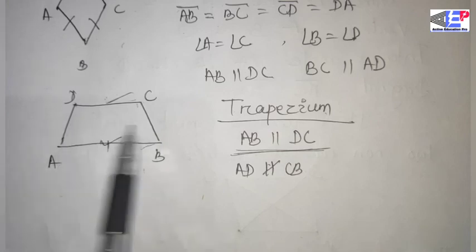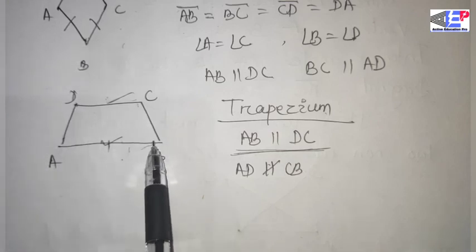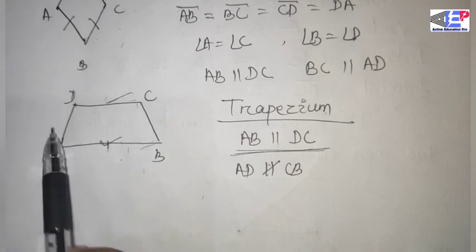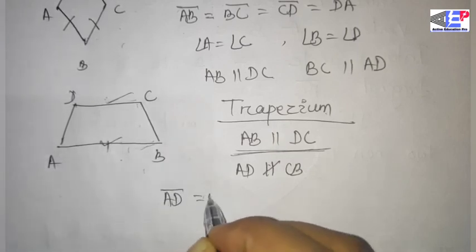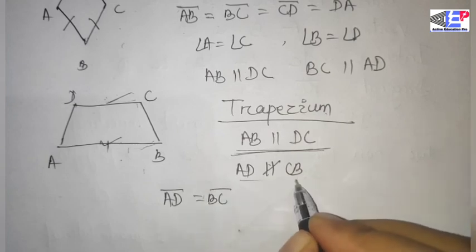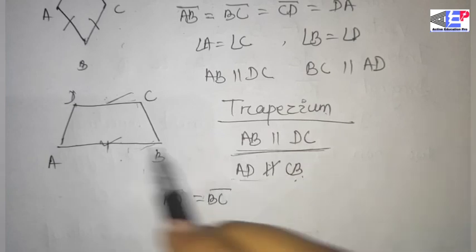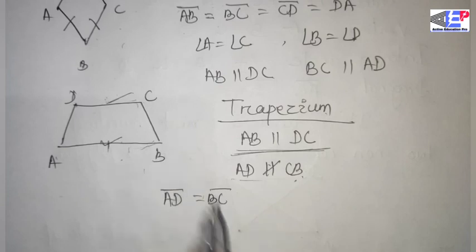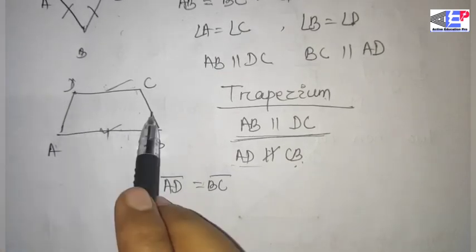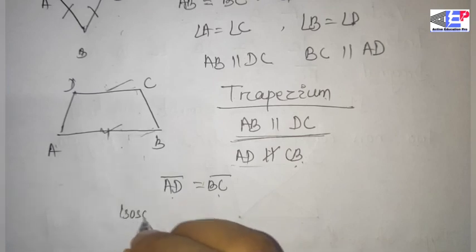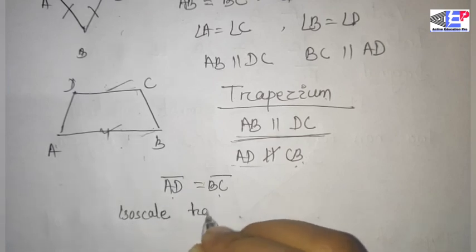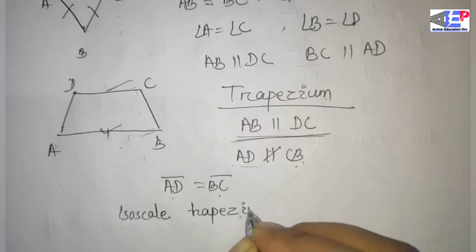And the non-parallel lines AD and BC: if the lengths of the non-parallel lines are equal, means if AD is equal to BC, then it is known as an isosceles trapezium.